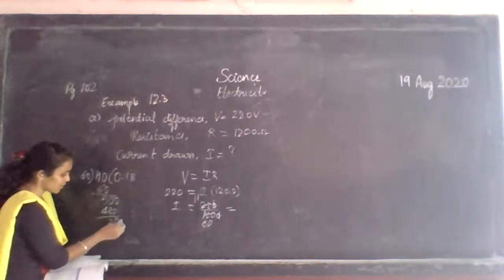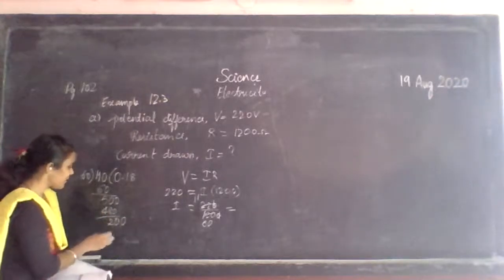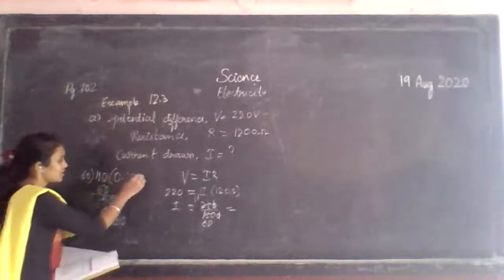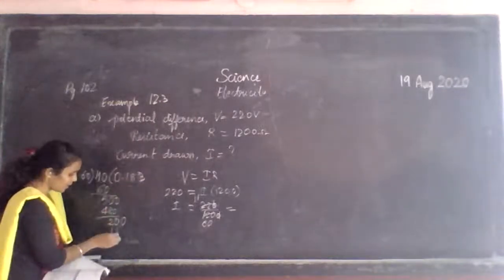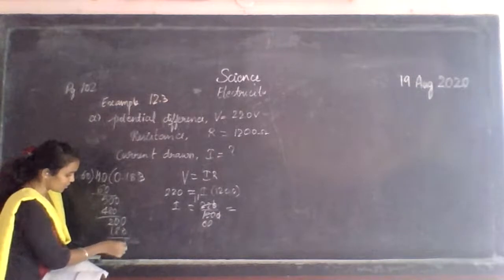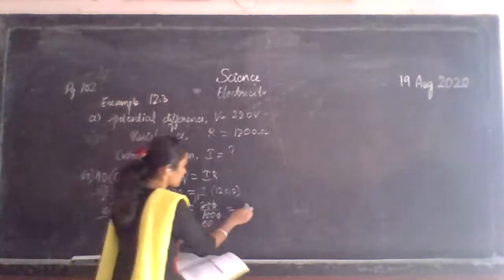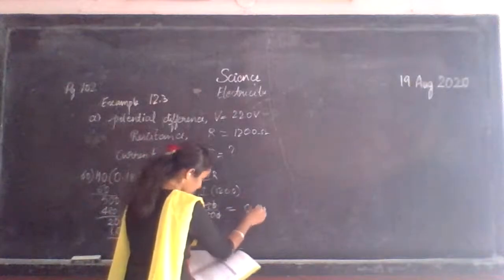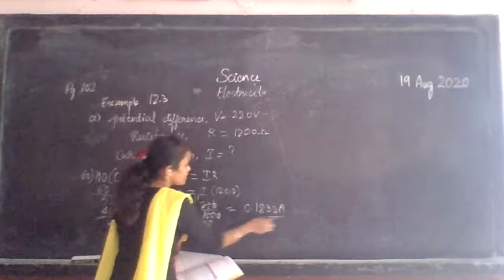Again I put a 0, and 200 divided by 60 gives 3, 60 threes are 180, and this goes on with remainder 20, so it repeats: 0.1833. Therefore current is equal to 0.1833 amperes.